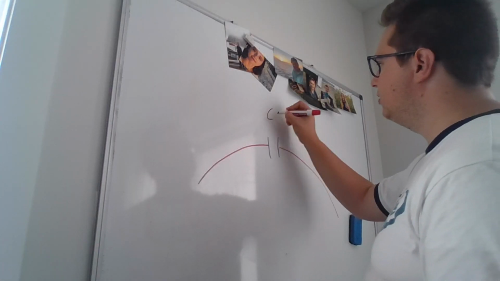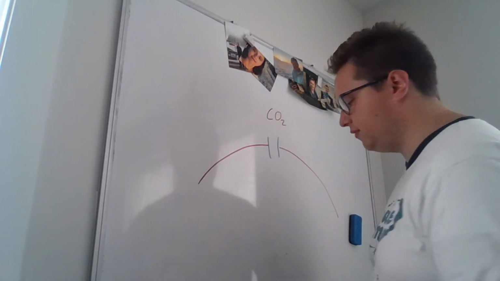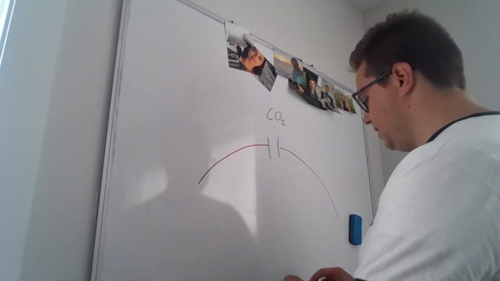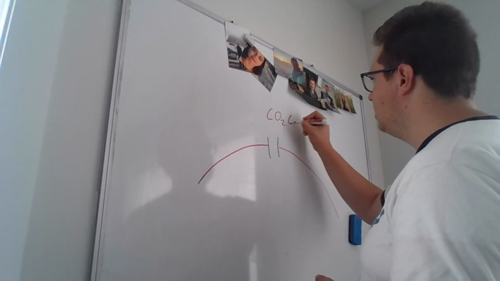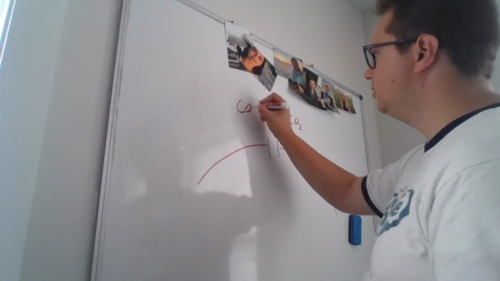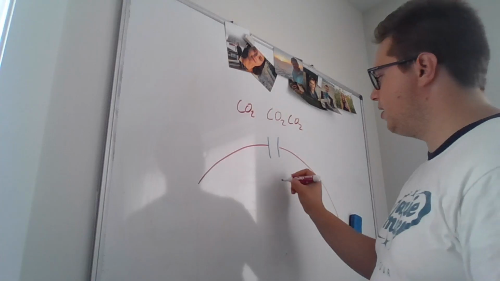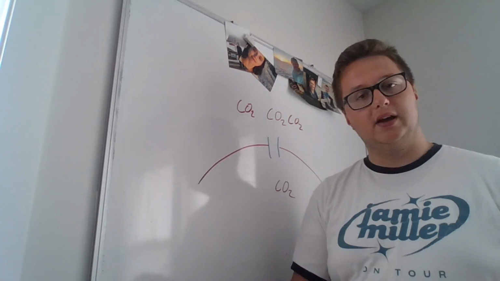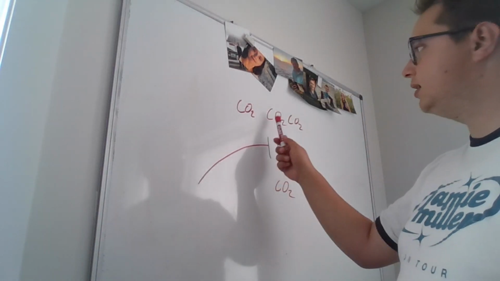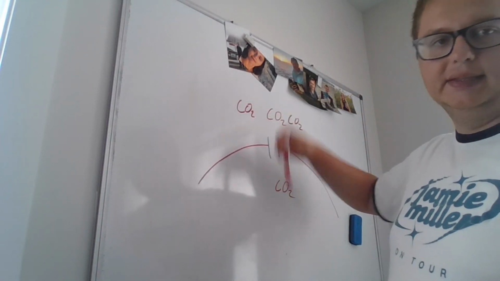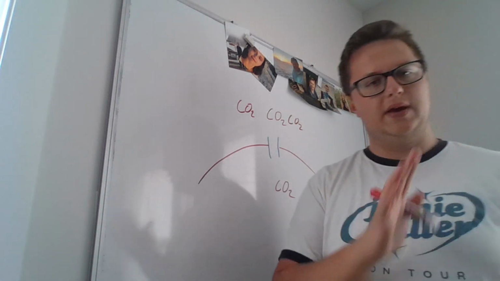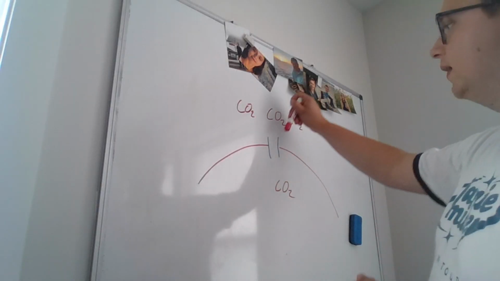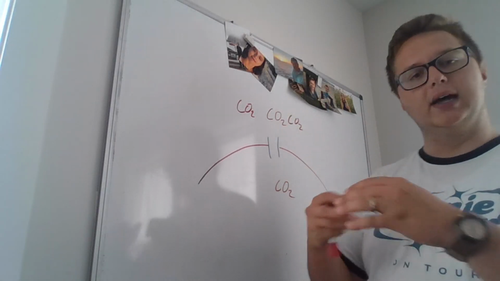For instance, CO2 can travel through the membrane pretty easily. Let's say we have a lot of CO2 out here and only a little bit inside the cell. What happens here is this CO2 wants to get inside the cell because it wants to even out its concentration gradient is the term. It will follow its concentration gradient until it's at equilibrium.